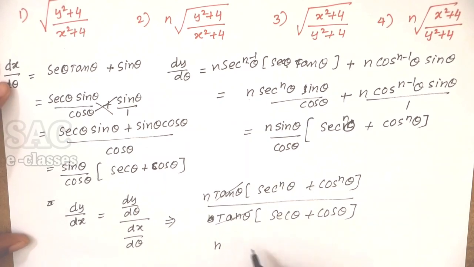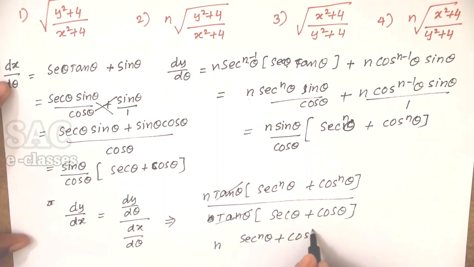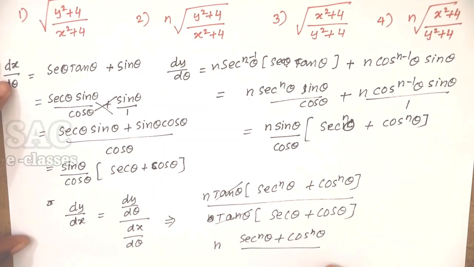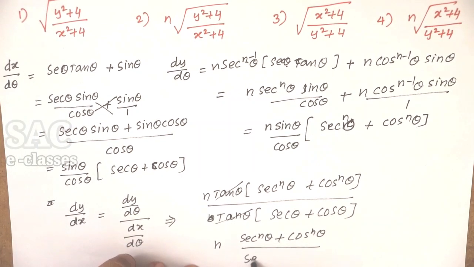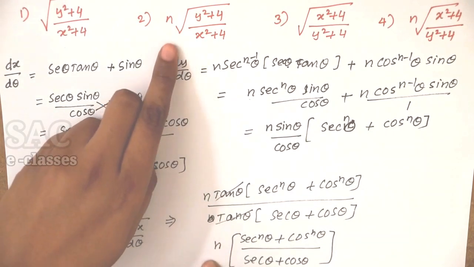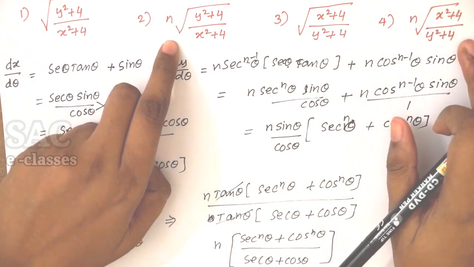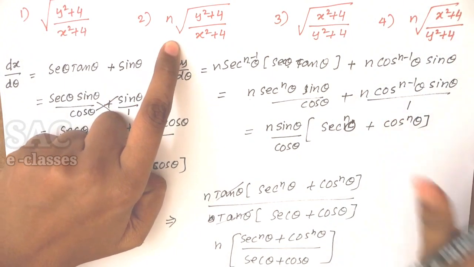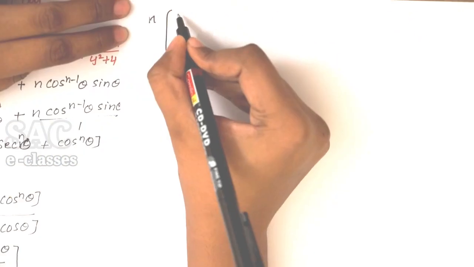Now secant power n theta plus cos power n theta by secant theta plus cos theta. We didn't get any relationship, just n. But n is in two different options which we have to choose. Let's simplify this one.